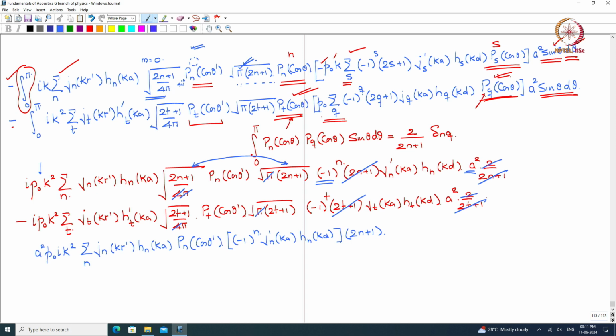Similarly, this a square comes in front, minus a square p0 i k square. The square has been taken care of.